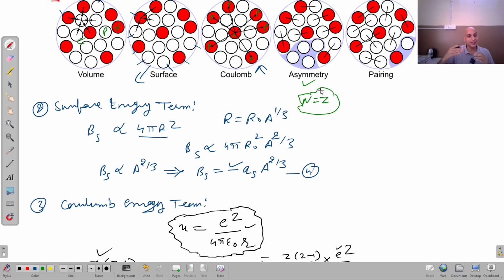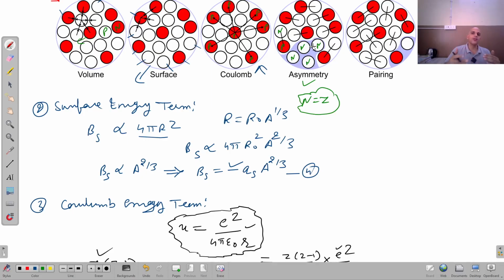So these excess neutrons, you can see here we have neutron pairs, they are all paired, right? I mean if this is a neutron and this is a proton, you can see all these are paired. These are the left out neutrons, right? These are not getting paired, meaning they are excess neutrons in addition to the number of protons. Now these excess neutrons are going to decrease the stability of the nucleus.